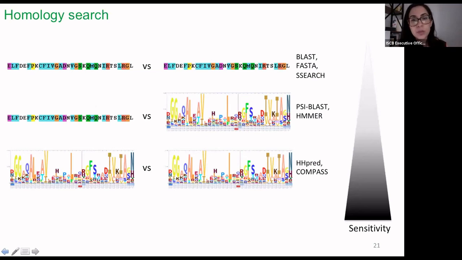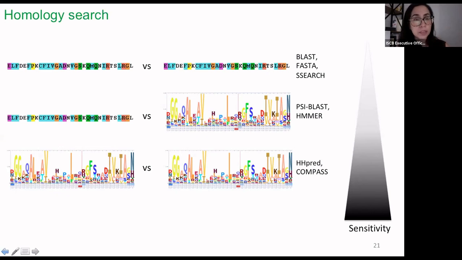If you want to use a more sensitive method, then what you can do is take your sequence of interest, and compare it not to another sequence like in BLAST and FASTA, but to a multiple sequence alignment. So we don't really compare it to a multiple sequence alignment. What we do is we transform the information contained in a multiple sequence alignment into a profile. And this profile can be just an average of the frequency of residues in each position, or it can be a statistical model of these positions.